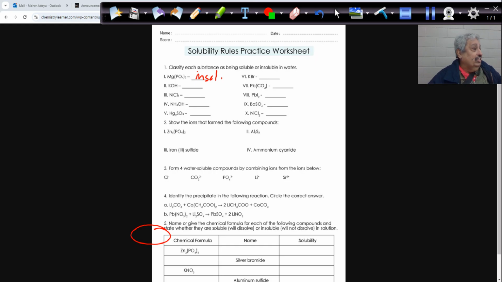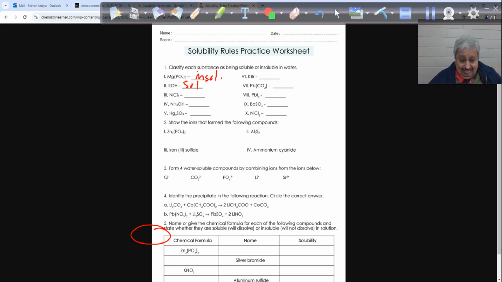Potassium hydroxide is soluble or non-soluble? Potassium is group 1A, correct? Soluble? Yes, soluble. Nickel chloride. All the halides are soluble except the three ones: silver, lead, and mercury. Yeah, silver, not sulfur, silver.